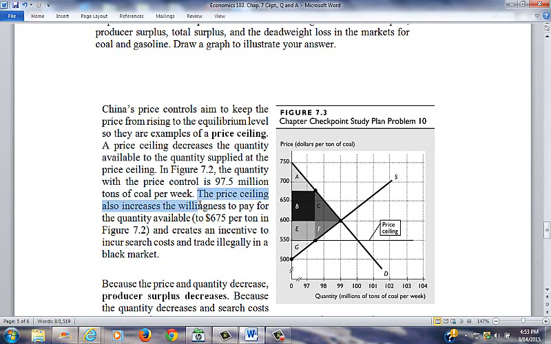The price ceiling also increases the willingness to pay for the quantity available. That's $675 per ton in figure 7.2. And again, that 675 is right here on the demand line, right in the middle between 700 and 650. And it creates an incentive to incur search costs and trade illegally in a black market.